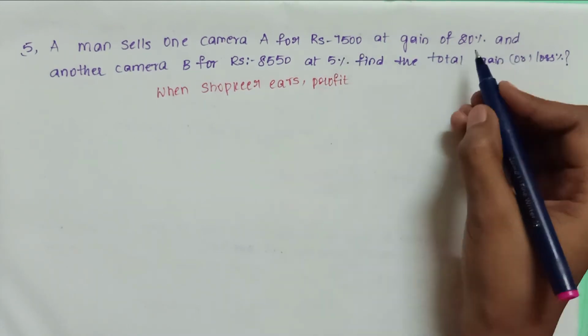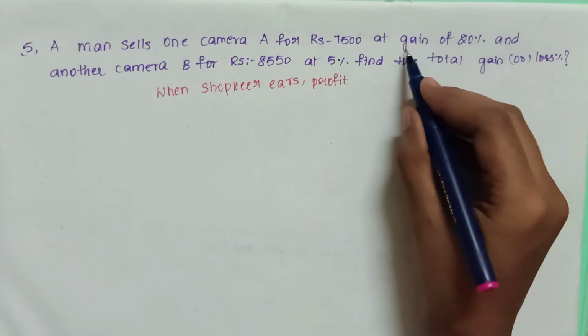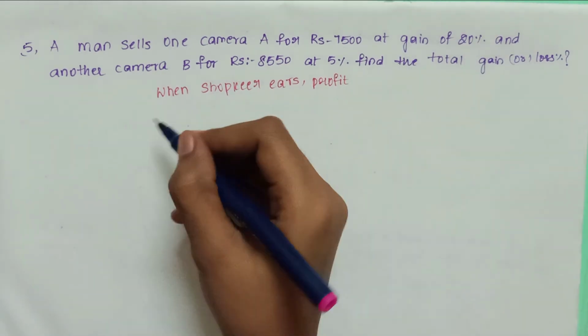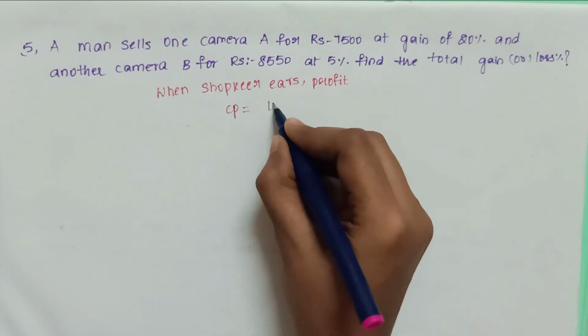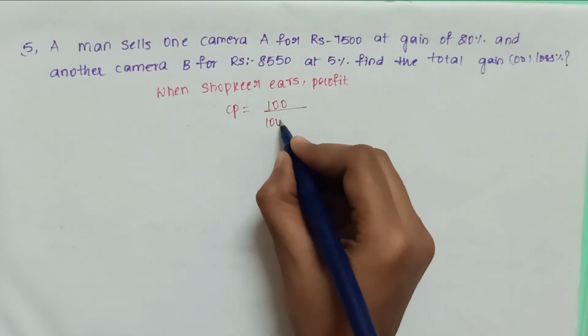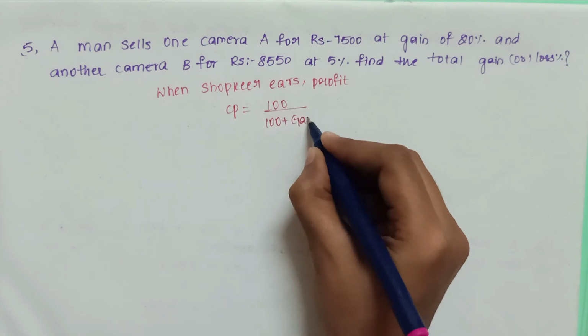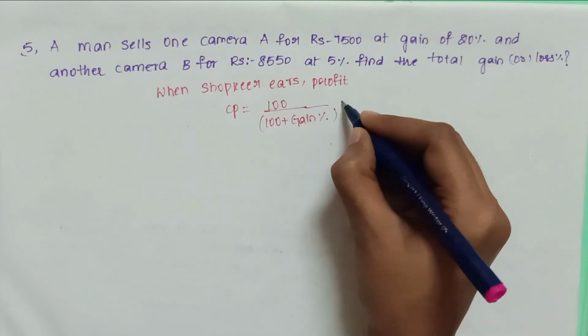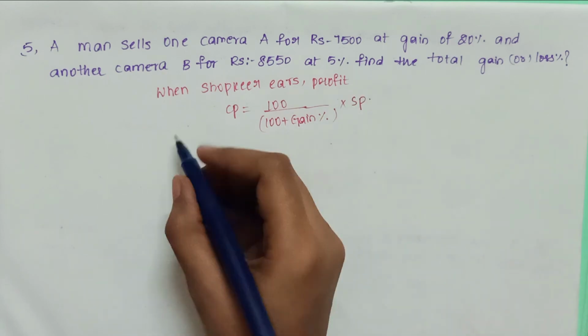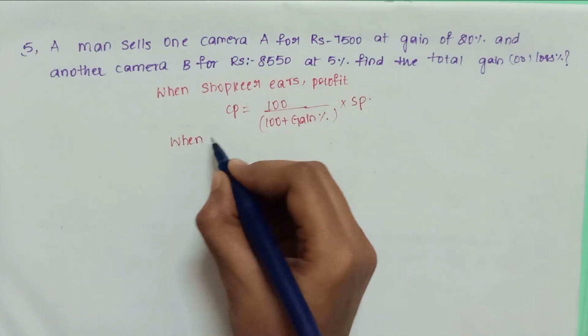For 7,500, 20% is profit because they gave gain as 20%. So cost price is equal to 100 by 100 plus gain percent into SP.